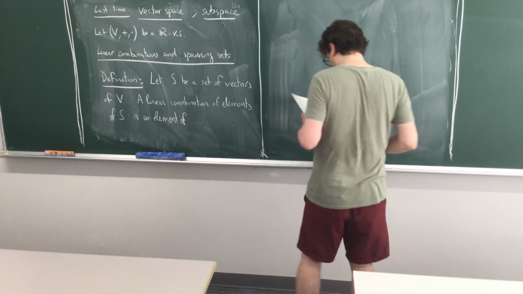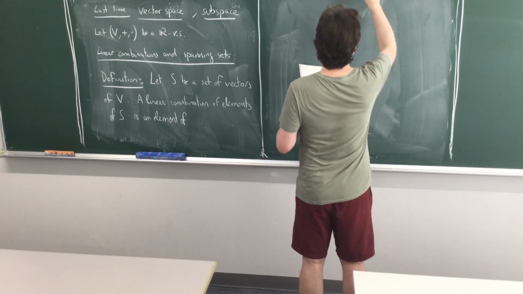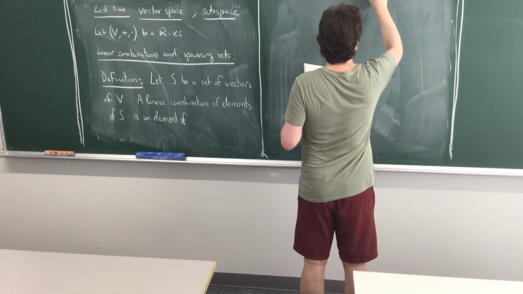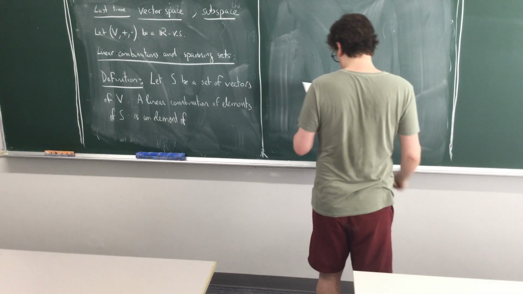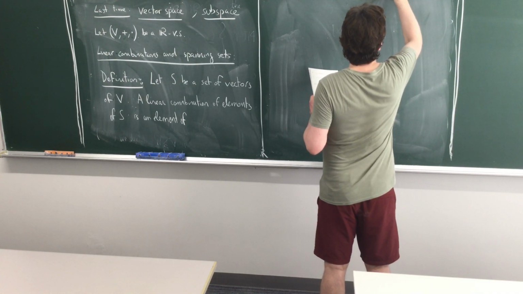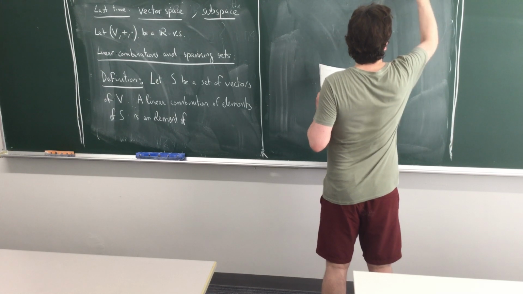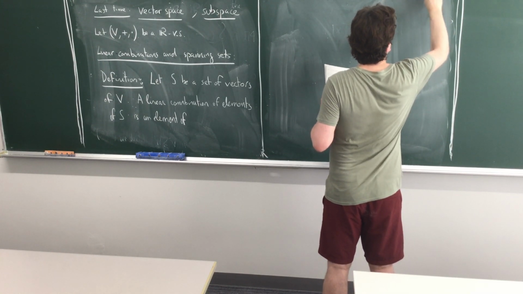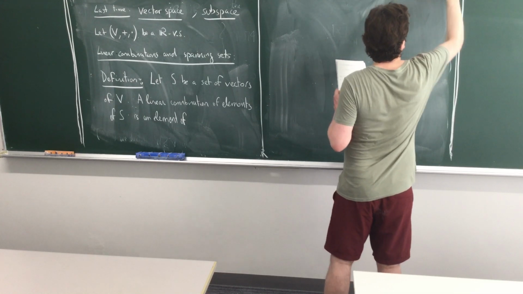This will be the set of sums with a finite number of terms of lambda i times v i, such that all the v i belong to S and the lambda i are real numbers.